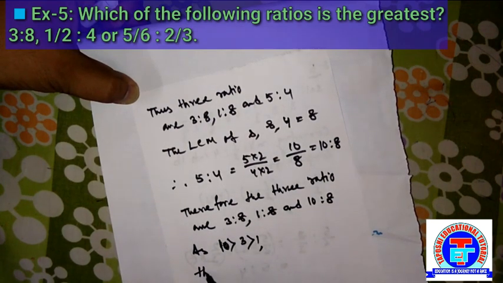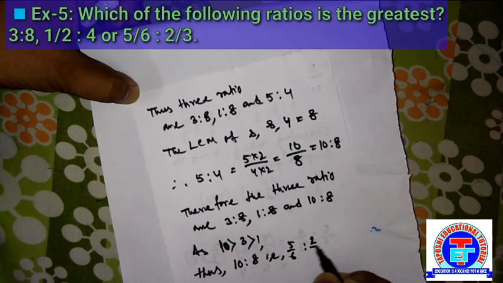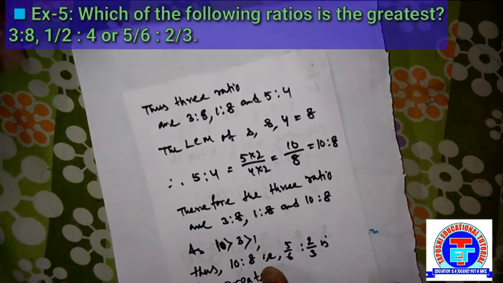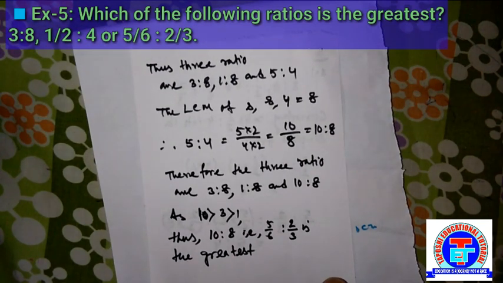Thus here 10 is to 8, that is 5 by 6 is to 2 by 3, is the greatest, okay, right. I hope you clearly understood what I discussed regarding this problem, okay.